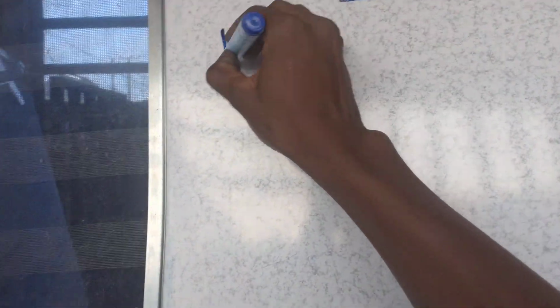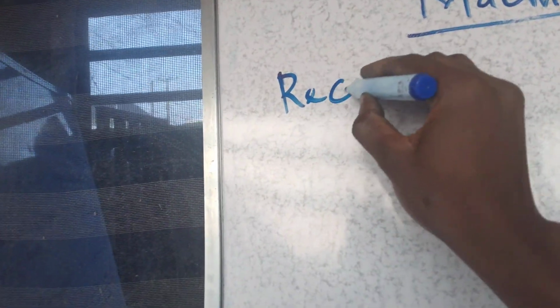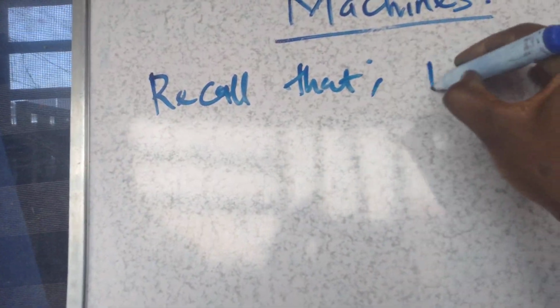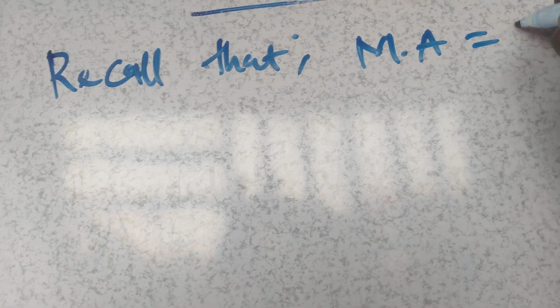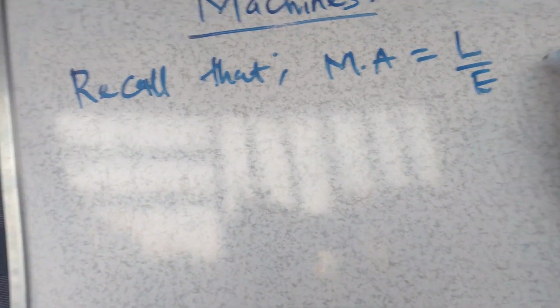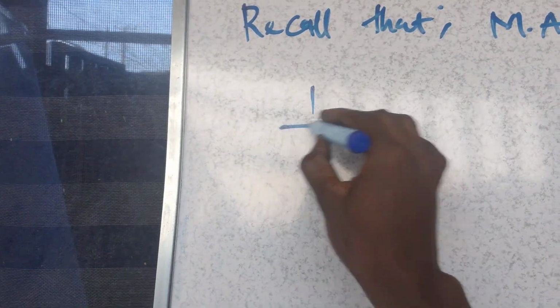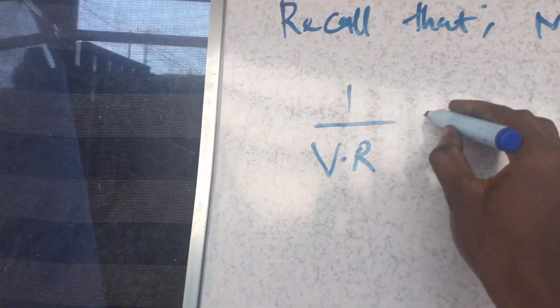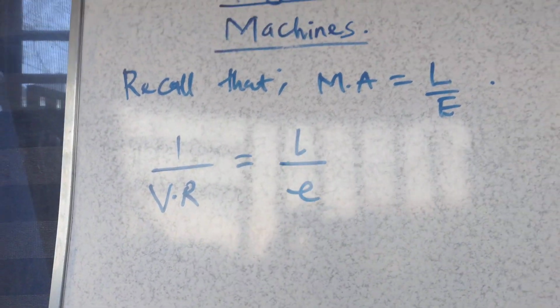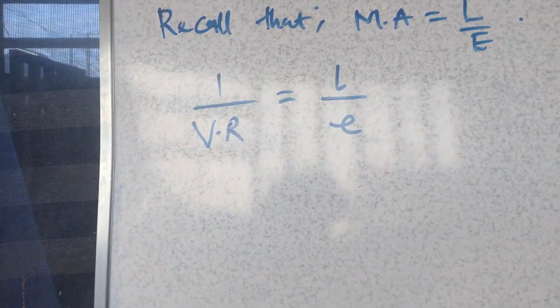But recall that mechanical advantage is load over effort. Also recall that the reciprocal of velocity ratio is equal to distance moved by load over distance moved by effort. Now that means the formula for efficiency will change.